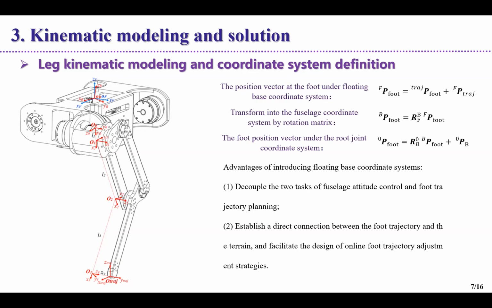The z-axis always points to the horizontal plane, and the x-axis always points in the robot's progress direction. In this way, a direct connection between the foot trajectory and the terrain is established, and it is convenient to design an online foot trajectory adjustment strategy.